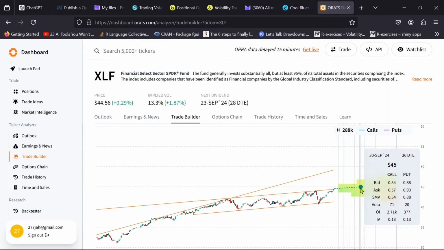The price is at $45, so you'll get 44 cents on the share when it's exercised, and you get 54 on the premium of the call. So you'll make nearly $1, 98 cents, times 100.